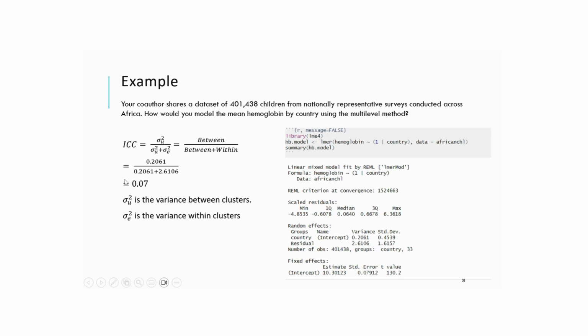And so a clinician, a researcher, a statistician could say, well, maybe we did not need to do a multilevel linear model, because when you compare the between and the total, the ICC is so low that it really would not have mattered. And so that's one way that you can judge this.